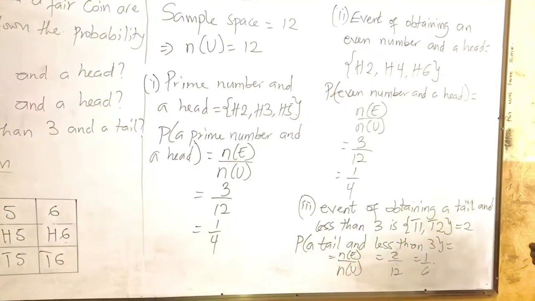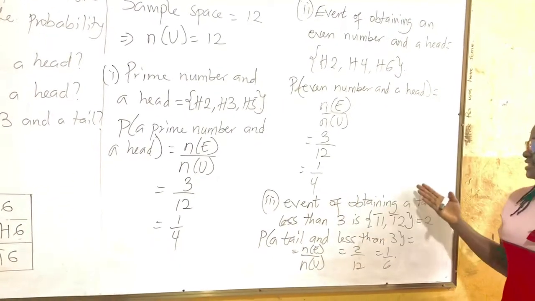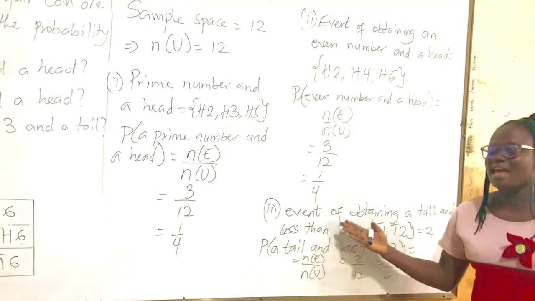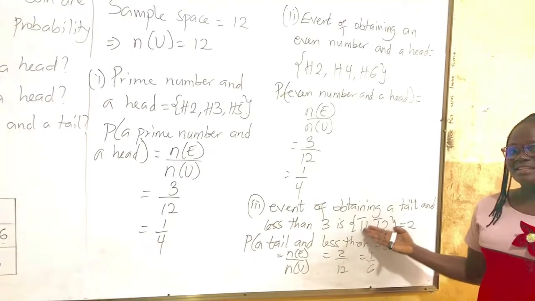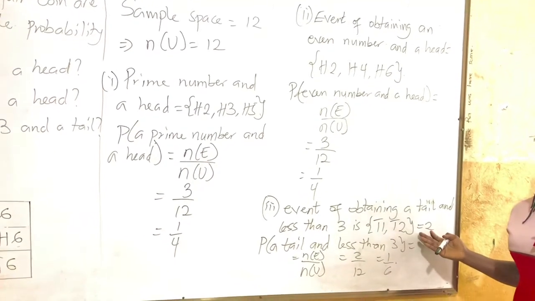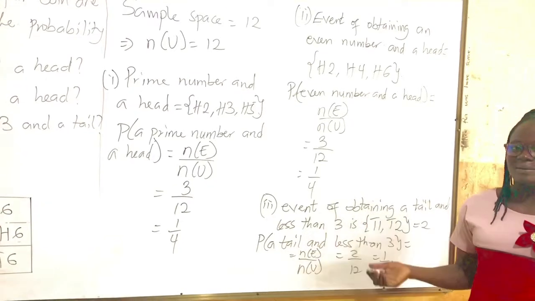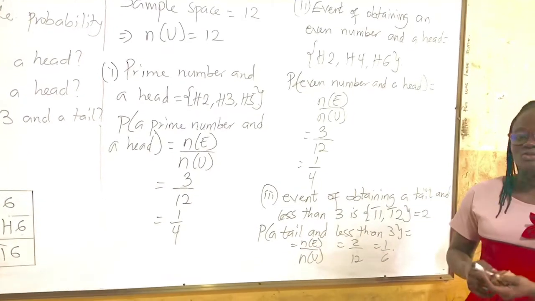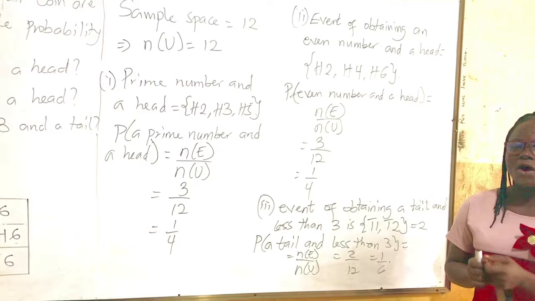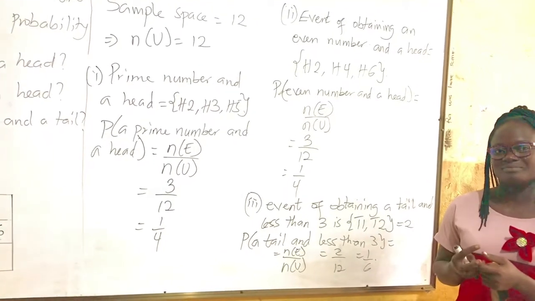Good. So you see, the event of obtaining a tail and less than 3 is T1 and T2, which gives us 2. We now divide it by the total sample space, which is 12, to get our probability of obtaining a tail and less than 3.